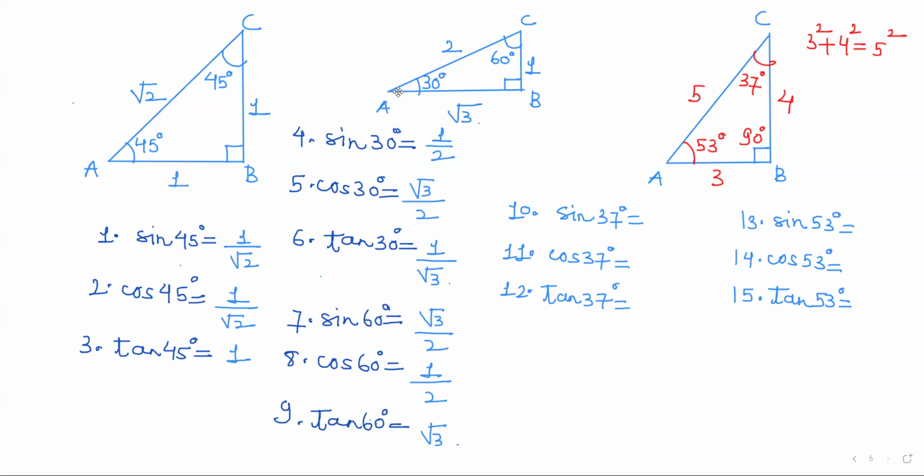Cos 53 is 3 by 5. Tan 53 is 4 by 3. Meanwhile, you guys continue.